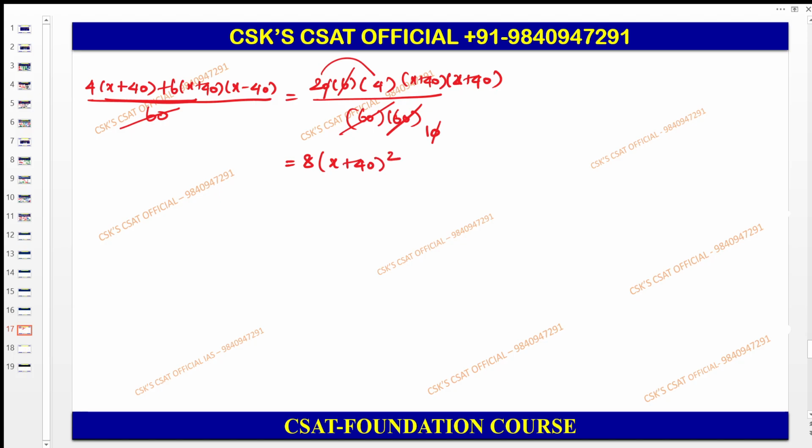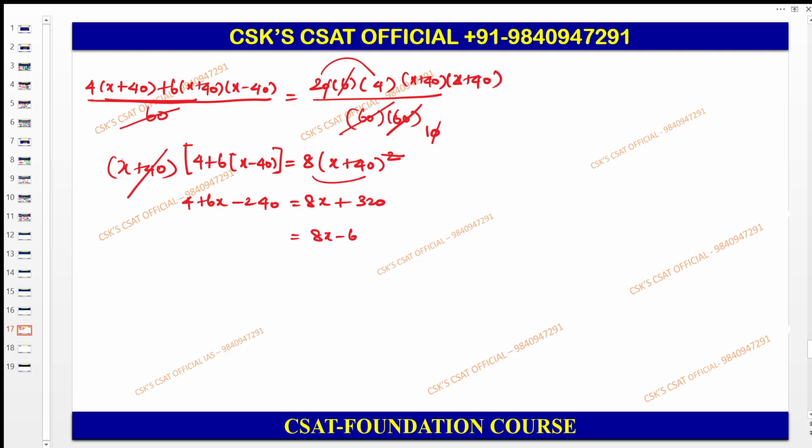So if you are taking 60 as the LCM in the LHS, what happens here? 4 into x plus 40, and 6 into x plus 40 into x minus 40 also here, which is equal to 20 into 6 into 4.